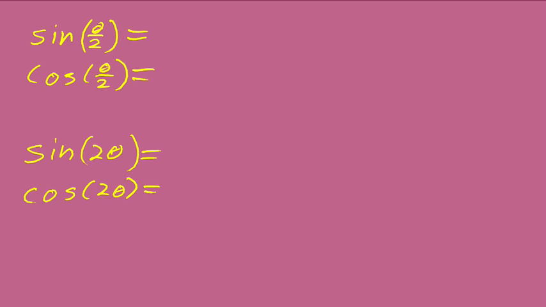Just to be clear, I'm going to actually write the chain rule out again so we have that to look at. d by dx of g of f of x equals g prime of f of x times f prime of x.